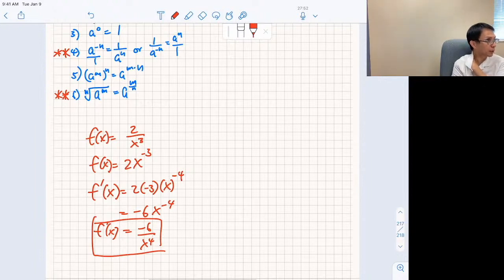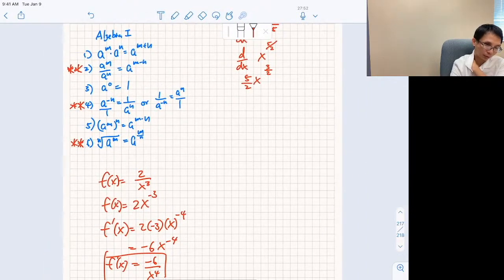You cannot take a derivative when the x is on the bottom. I always move it to the numerator. How do I move it? Use the negative exponent rule, this rule right here. If you have it on the bottom, move it to the top and it becomes positive. Today's homework is the easiest, so easy that anybody can do it.